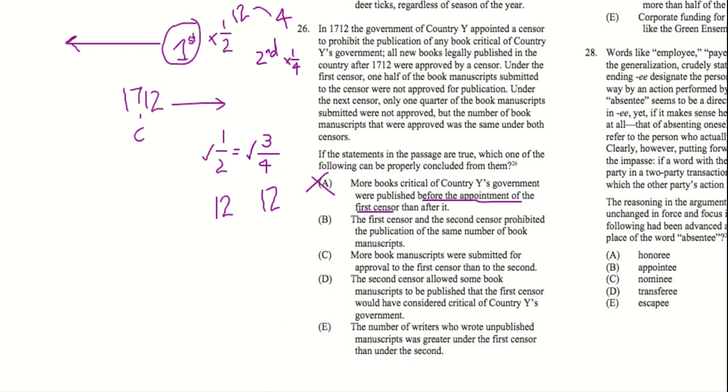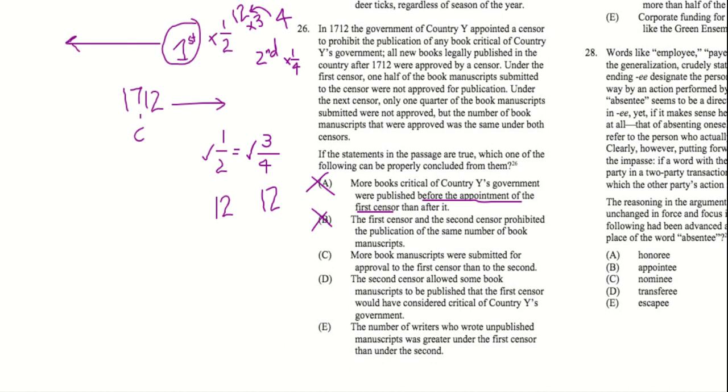If you look here, the first censor prohibited 3 times as many, right? No matter what numbers you put in here, the proportions will work out the same, right? So the first censor definitely prohibited the publication of more books, right? So we can cross out B for that reason.